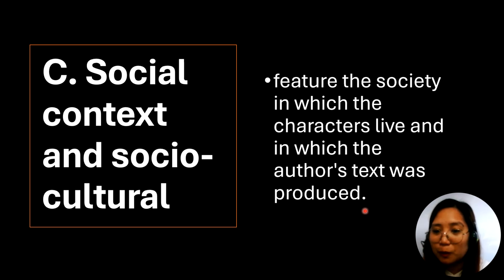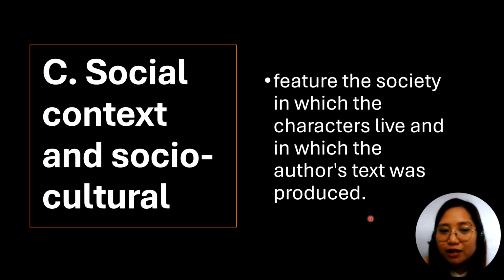For example, Noli Me Tangere was produced in the Philippines during the time when the Spaniards colonized Filipinos and we were martyrs in our history for at least 333 years. So everything that happened there, the social context and the sociocultural environment, will actually affect how this is being viewed as a text itself.